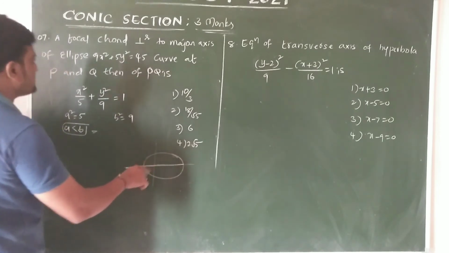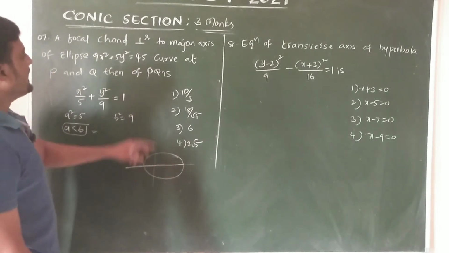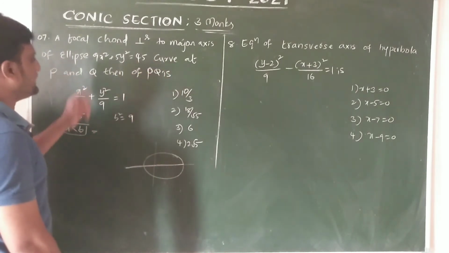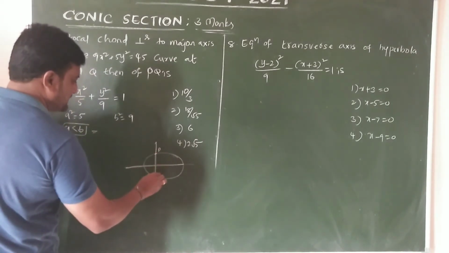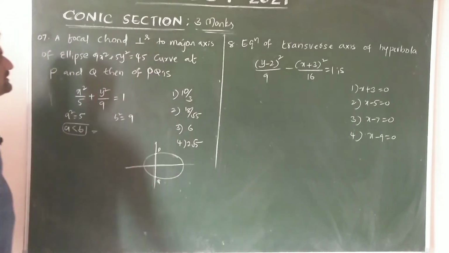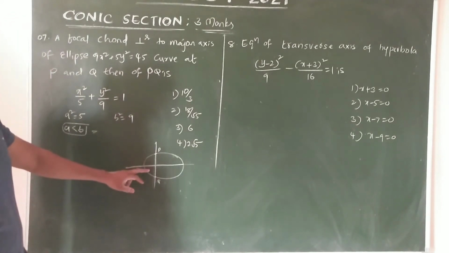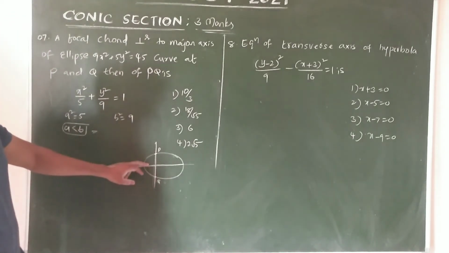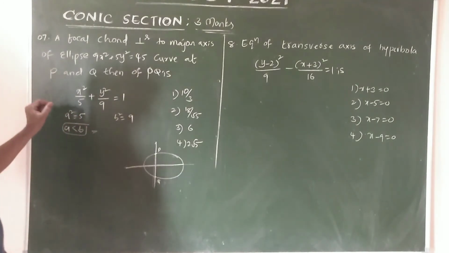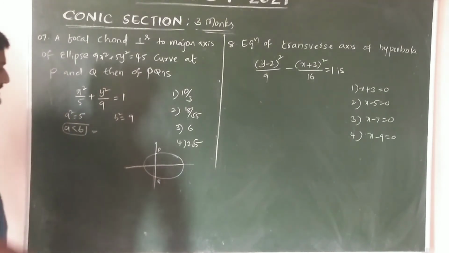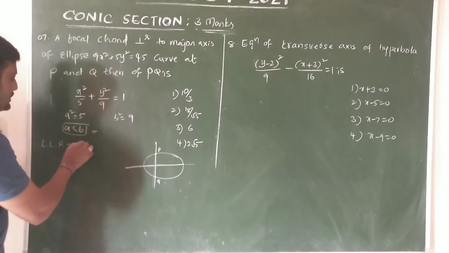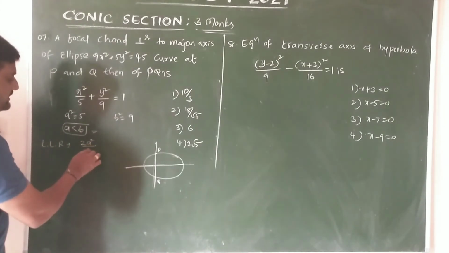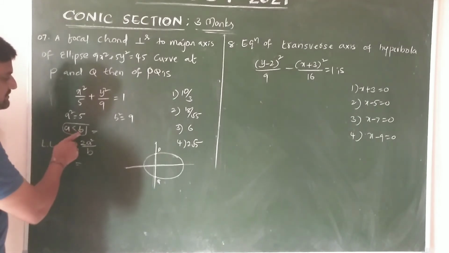These are also focal chords, and they meet the curve at P and Q. It is perpendicular to the major axis of the ellipse. Then we need the length of the latus rectum. Taking the latus rectum formula, 2a square by b. Yes or no? Because a is less than b.